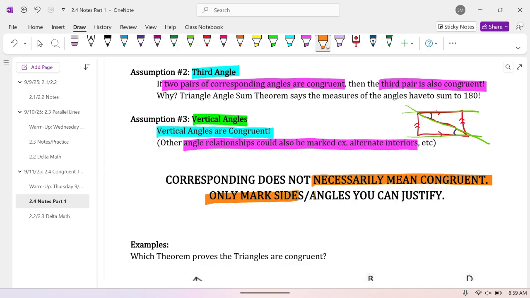Only marked sides and angles can you justify as congruent. Like I said, innocent until proven guilty. We cannot prove it's congruent unless we have enough facts. A triangle or an angle or a side cannot be guilty of being congruent unless we have enough evidence to prove otherwise.